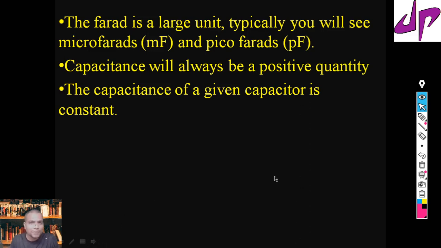For a given capacitor, the capacitance value is always constant. That's the reason capacitors come in different sizes. If you use one particular capacitor, its capacitance will not change. So that's the main reason the capacitance of a capacitor is a constant.